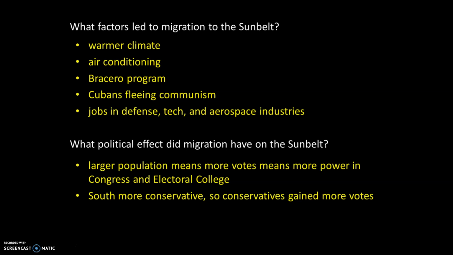And think of places like Florida, California, Texas, 3 of the top 5 largest states by population in the country are all Sunbelt states. And the South, particularly the Southeast, but the Southwest too, tended to be much more conservative. So this is another contributing factor, along with the growth of the suburbs, to the sort of swing to the right for U.S. politics.